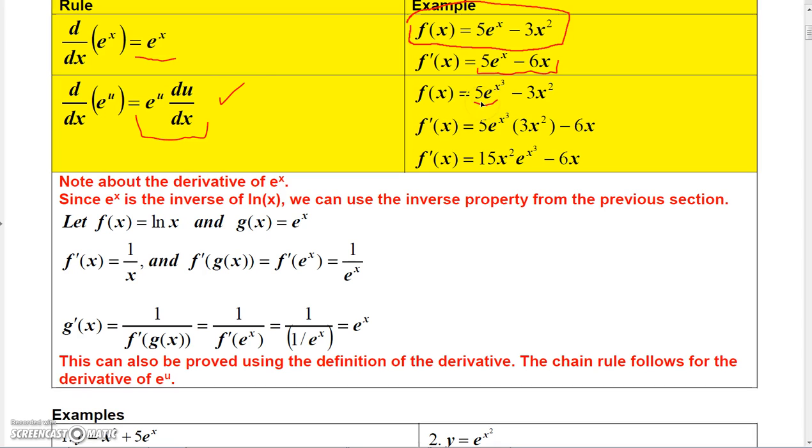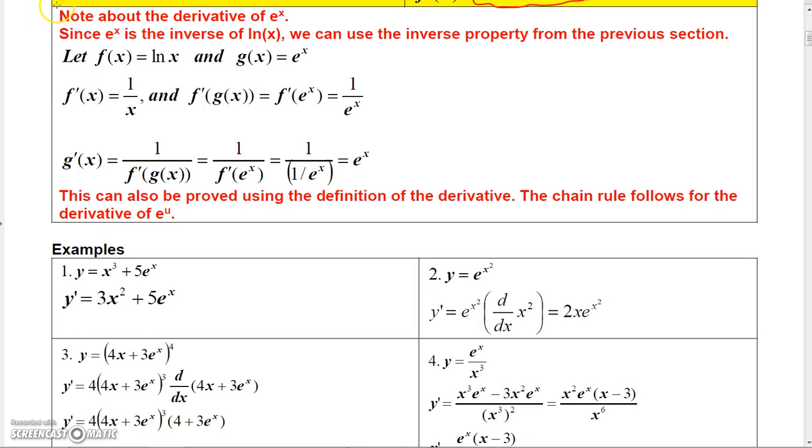So you would get 5e to the x cubed, so 5e to the u, and then times u prime, so times the derivative of x cubed, which would be 3x squared. And then the derivative of the minus 3x squared, of course, is still minus 6x. But anyway, you can multiply the 3x squared times 5 and get 15x squared. So you get 15x squared e to the x cubed minus 6x.